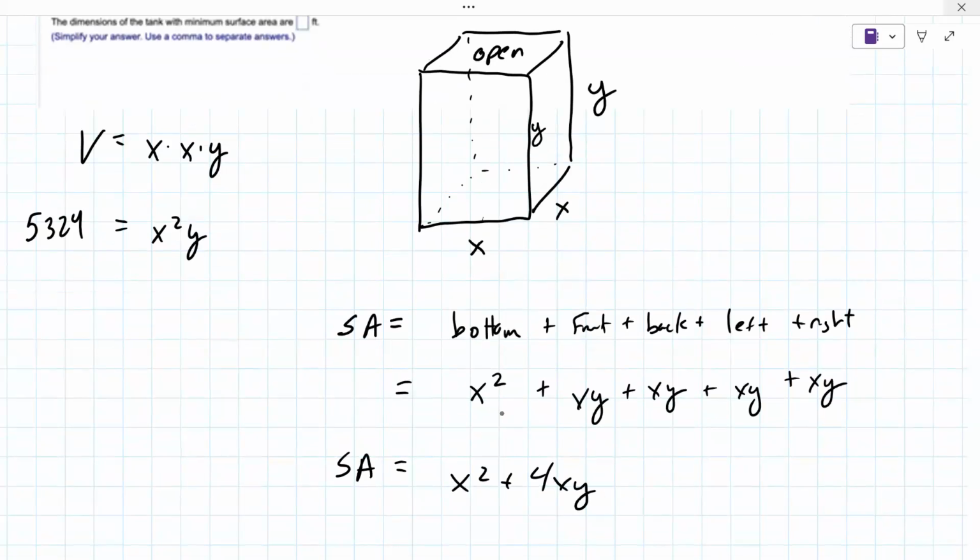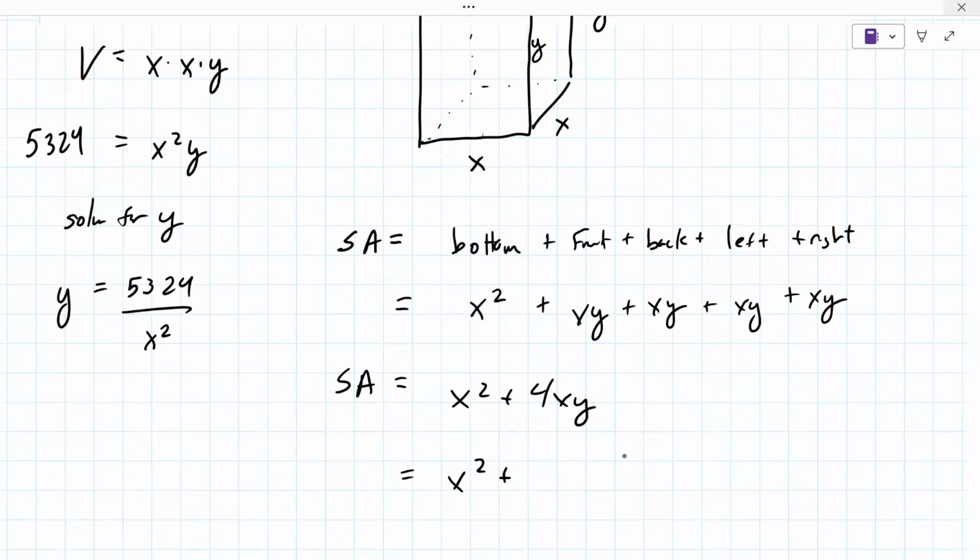So the general procedure for these is you get two equations, one that you're going to optimize. You have to substitute in for one of the variables so that you get it down to one variable so that you can take a derivative. So we're going to solve this on the left for y. Y equals 5,324 over x squared.